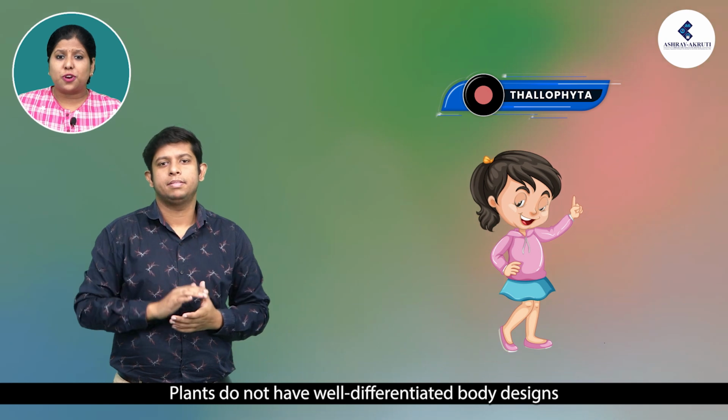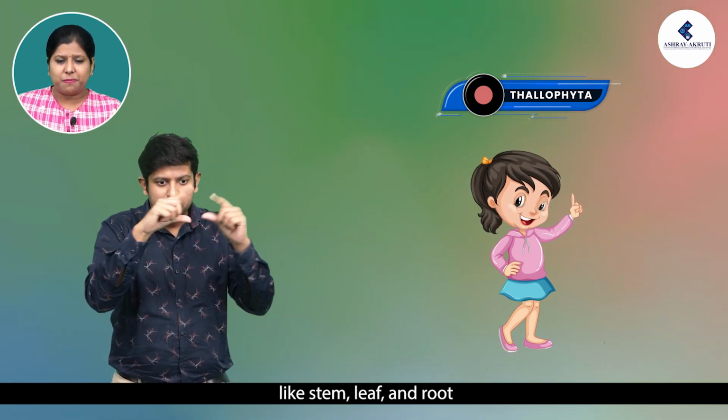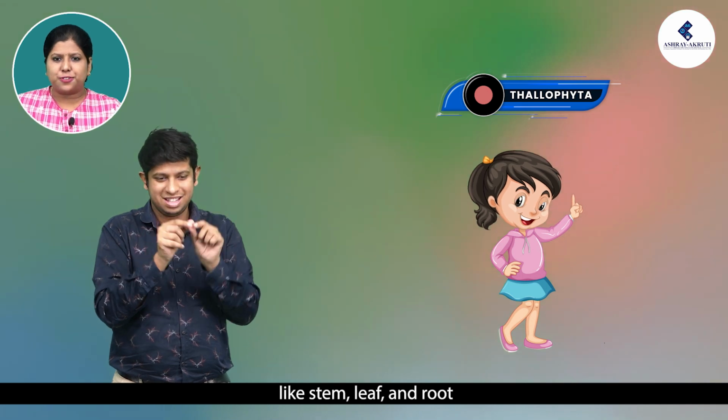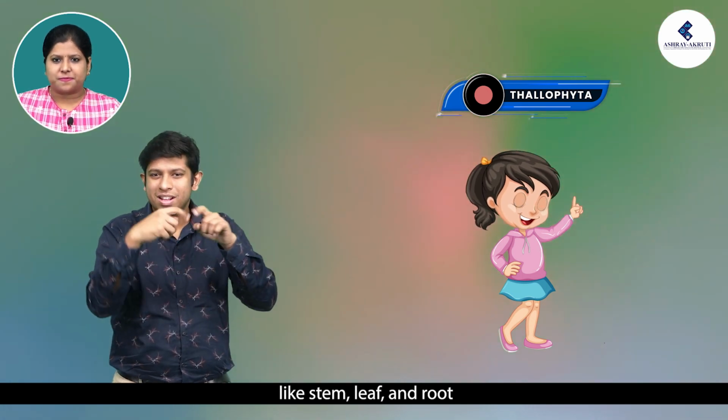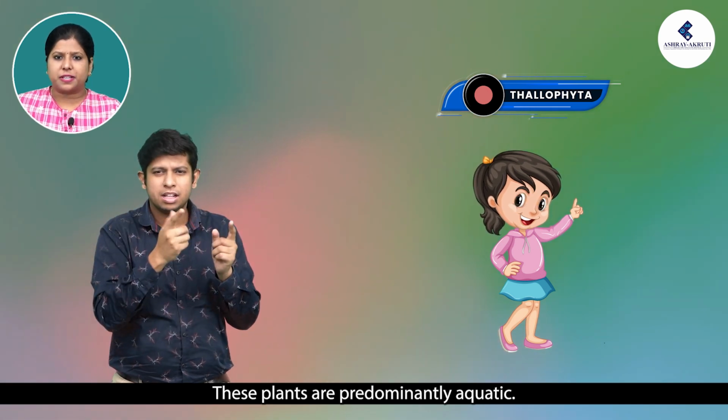Thallophyta. Plants do not have well differentiated body designs like stem, leaf and root. These plants are predominantly aquatic.